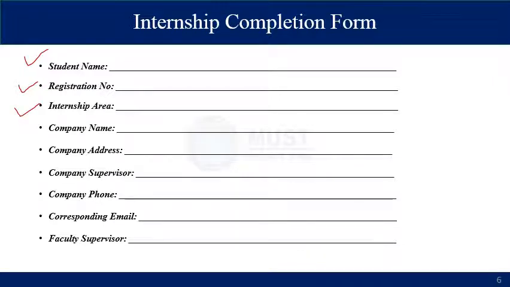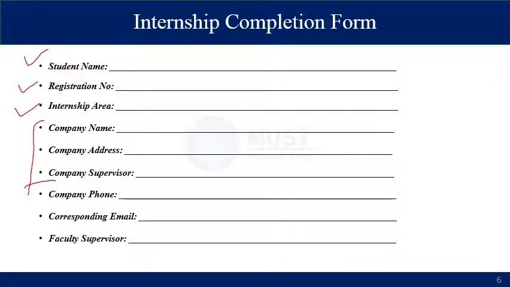It can be software development, software testing, design, maintenance, or any other related area of your choice. Important information to provide here is the company name, the address of the company, and the direct supervisor who is managing your task at the industry or organization.